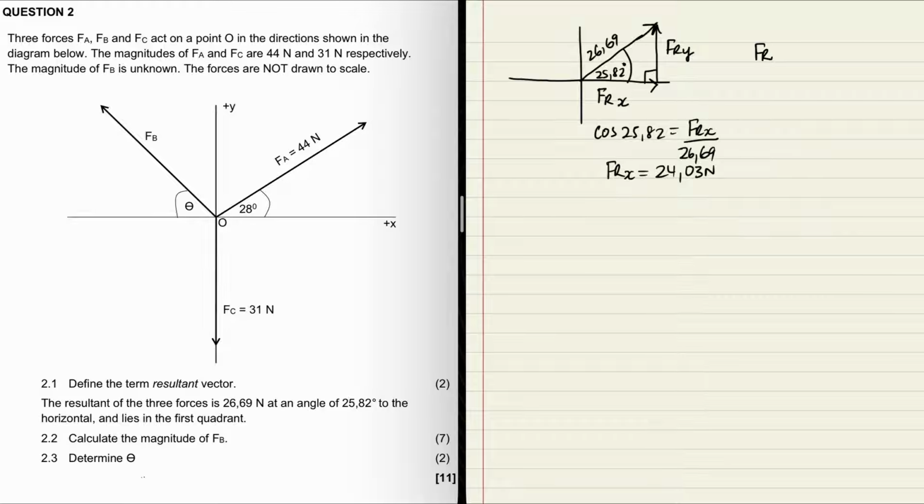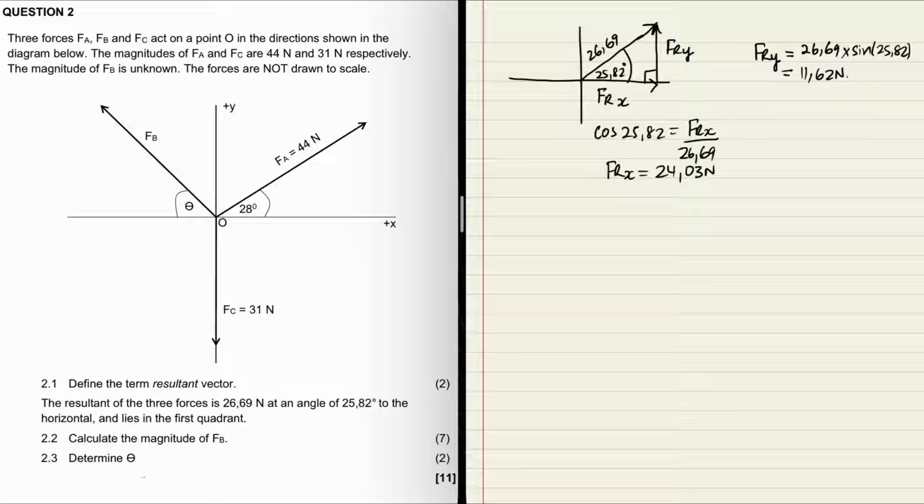So FR in the y component is equal to, this time it's going to be sine, 26,69 multiplied by sine of 25,82. And that's going to equal 11,62 newtons.